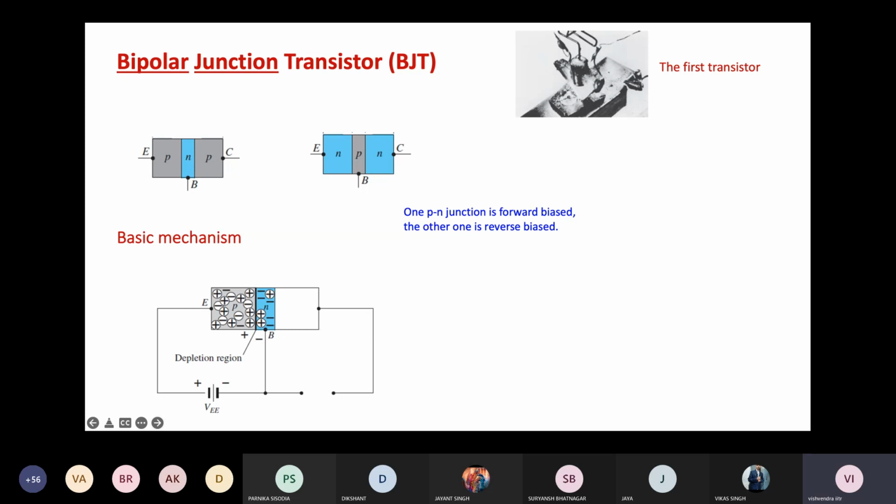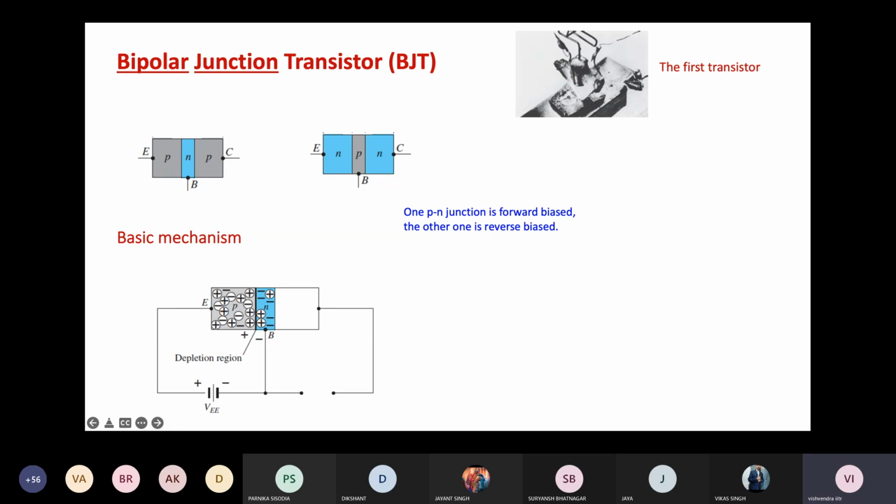There is this PN junction and NP junction, or NPN. Generally one of the junctions is forward biased and the other junction is reverse biased. But that is in our hands actually, because we can apply external voltages, and so biasing is in our hands.